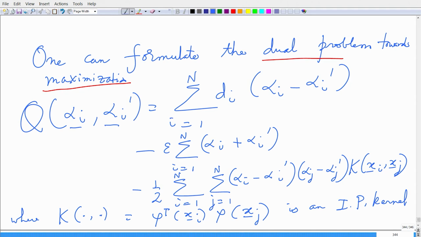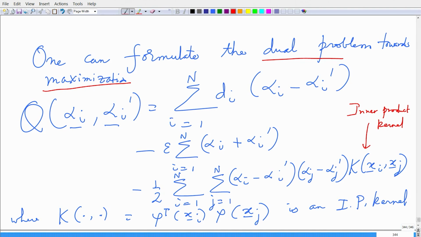This is my dual cost function, which looks like this. Here it involves the inner product kernel k acting on xi and xj.